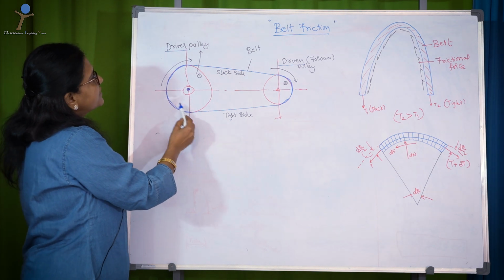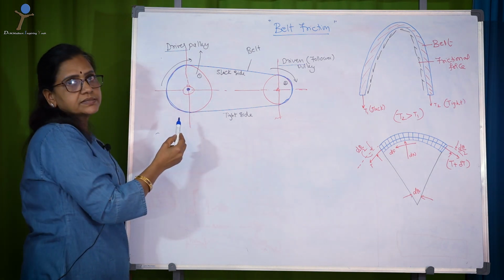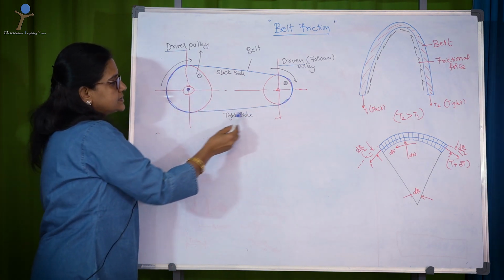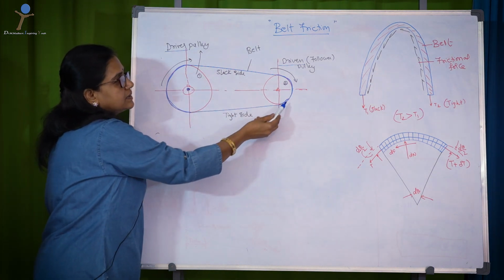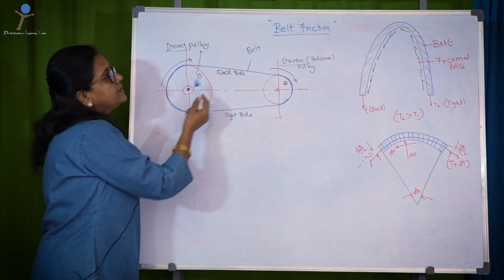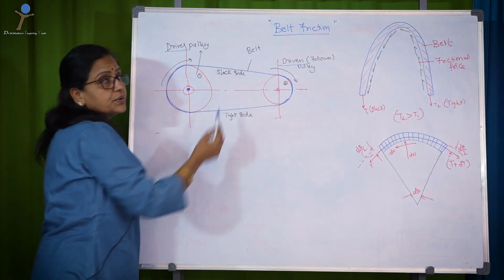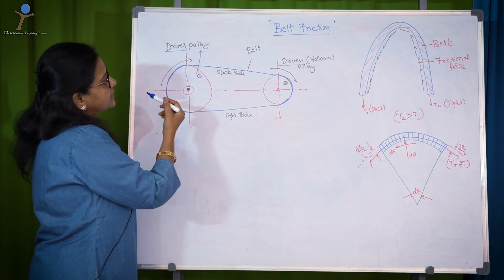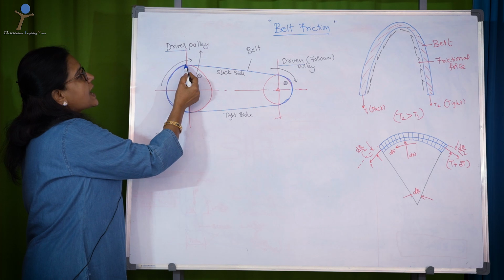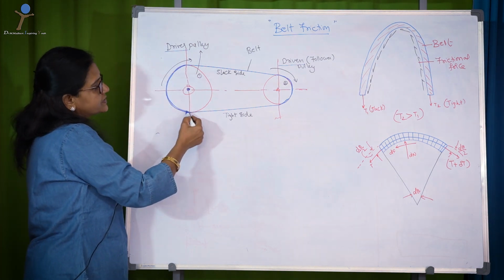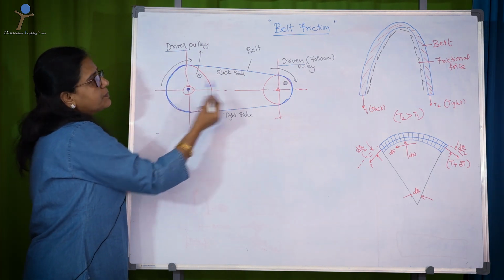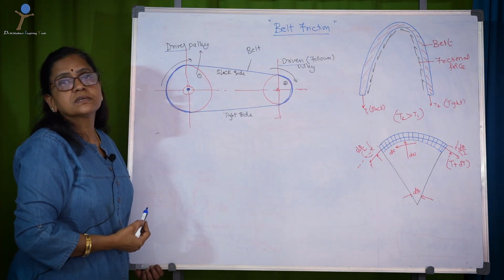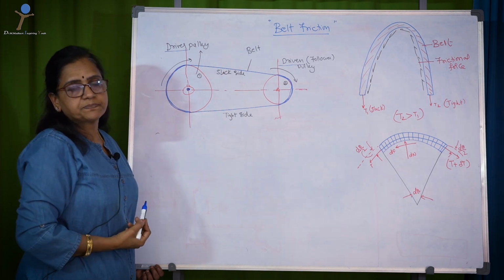Now, when the driver pulley is made to rotate, the belt that is wrapped around the two pulleys rolls in such a way that the driven pulley is rotated. So, here the friction acting at the contact surface of the belt and the pulleys becomes the driving force for power transmission.